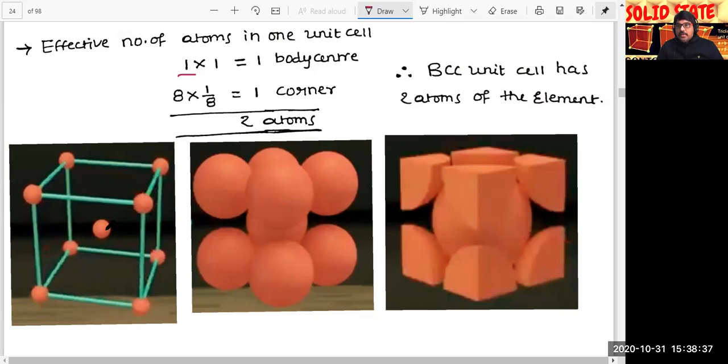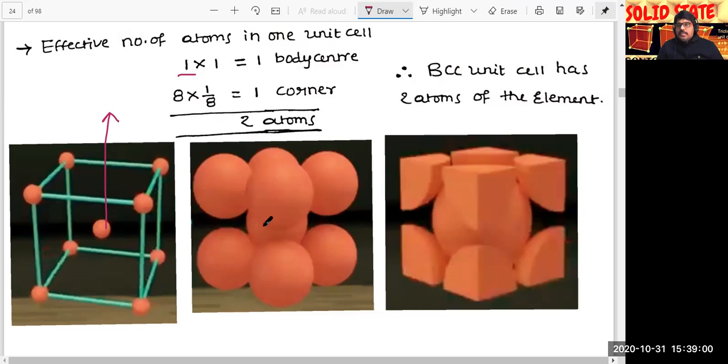The same particle, right? This is a particle, and this is also the same particle. If it is atom A, these are also atoms A, not different atoms. Please understand clearly. Body-centered cubic unit cell means the same kind of atoms are present at the body center and all 8 corners. And this is the atoms contact view.